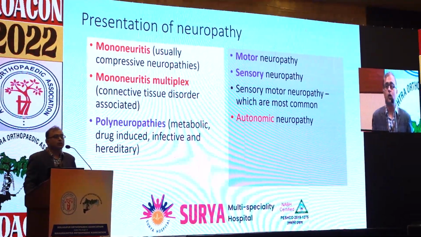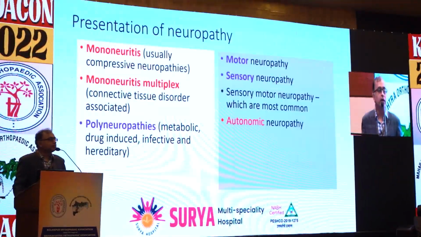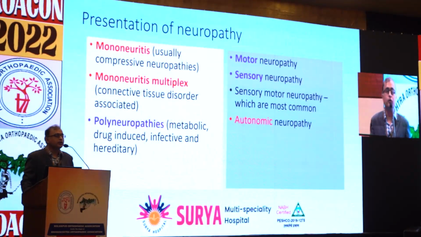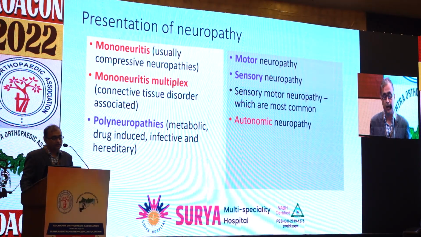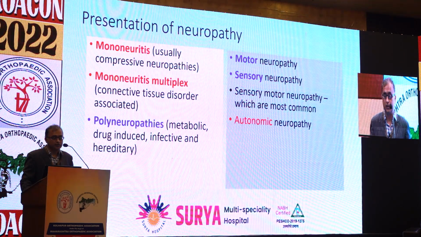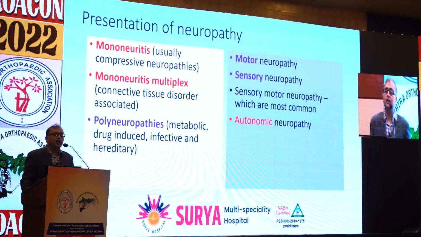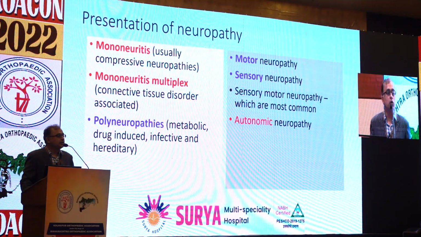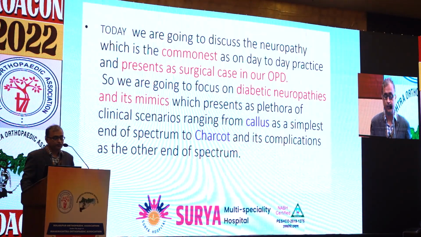They are usually common in the compressive neuropathies, mononeuritis multiplex in connective tissue disorders, and polyneuropathies in metabolic as well as drug-induced neuropathies. These also may present as isolated motor, isolated sensory, mixed, or autonomic presentations.